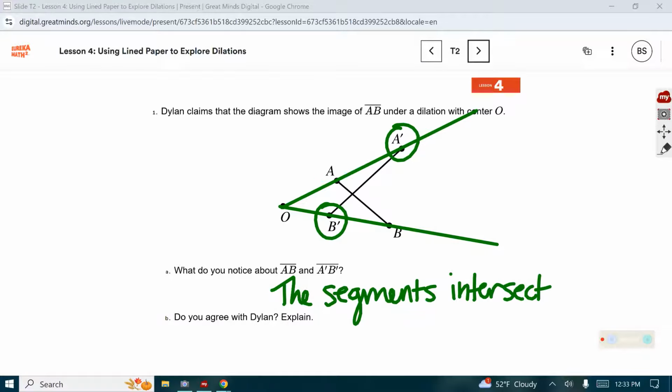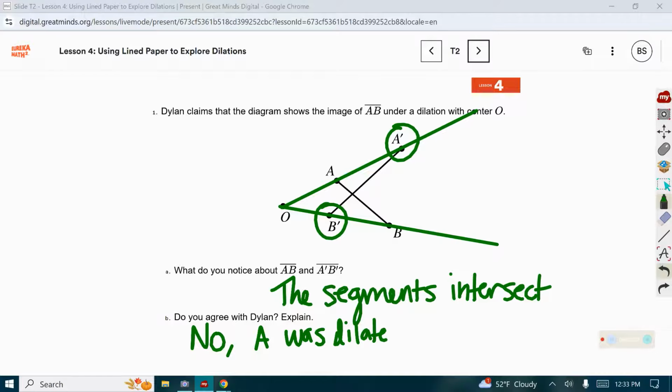Do you agree with Dylan? Explain. I do not. A was dilated by a factor greater than 1, which makes A prime farther away.